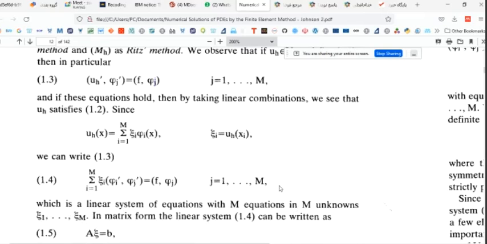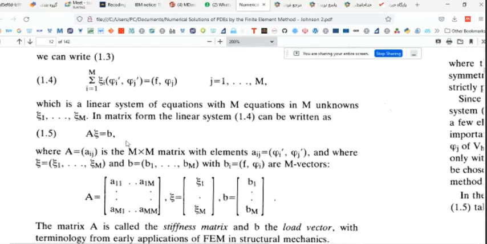If we write this in matrix form, we can say that Aξ equals b, and A is an n by n matrix with the elements Aij, psi_i' and psi_j'.